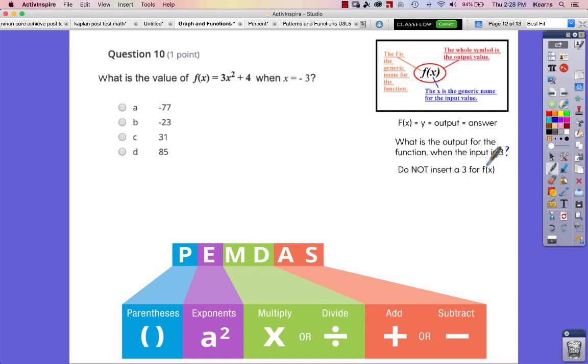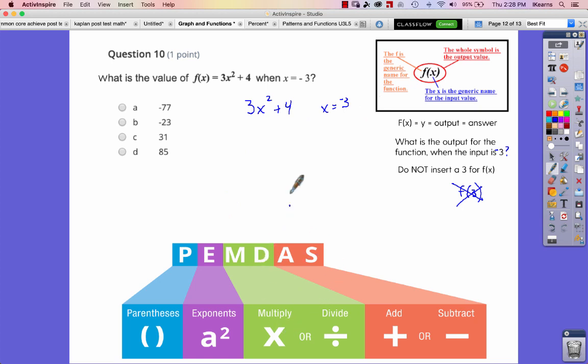That's what I see some students trying to do. They try to do this f, and then they want to put a 3 here, and they end up getting confused because now we have a variable on the outside, never seen an f here. That's not what we're trying to do. What we're going to do is just solve for it. It's 3x squared plus 4 when x equals -3.